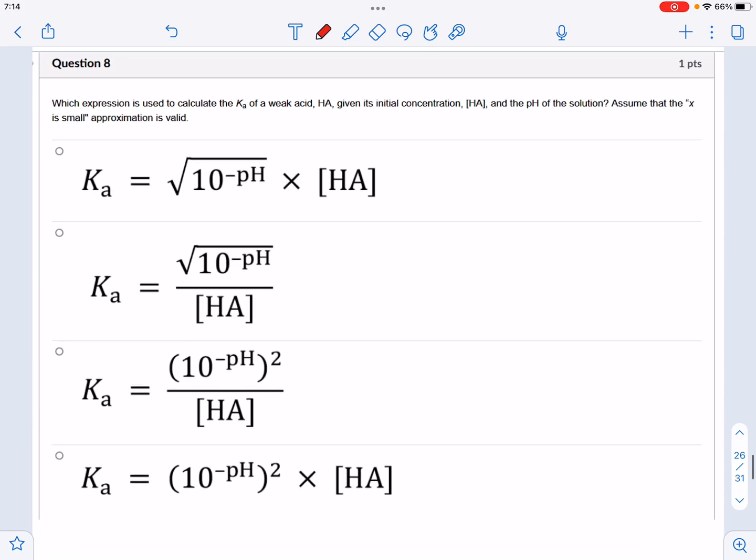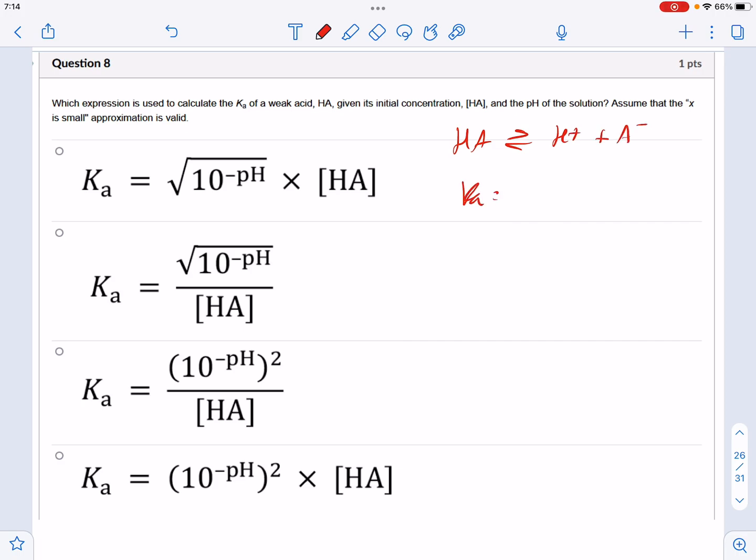In this one, we want to know what expression you would use to calculate the pH of the solution. All right? Sorry, yes, to calculate what we're calculating Ka for the weak acid. So remember, this is HA going to H plus A minus.